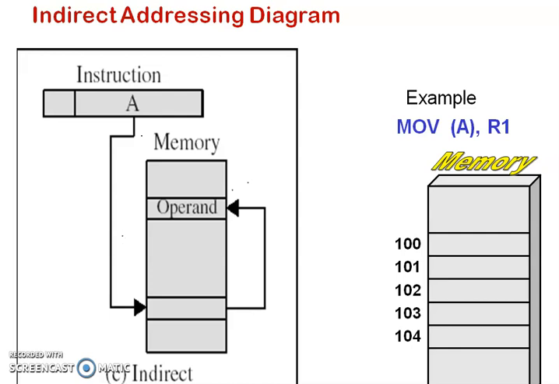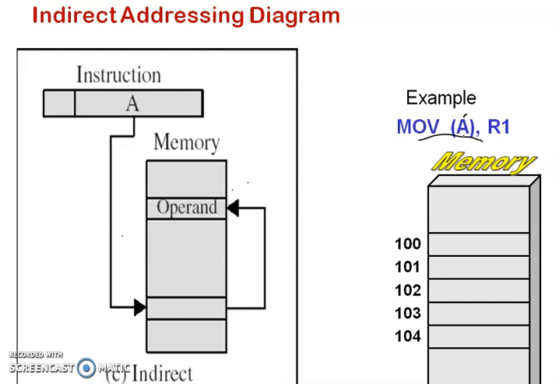In the previous video you learned about the four addressing modes: immediate addressing mode, register addressing mode, direct and indirect addressing mode. In indirect addressing mode, here we can see an example: if the instruction is given like move (A), R1, then A is enclosed within parentheses, which means that A will have some address where the actual value will be stored.